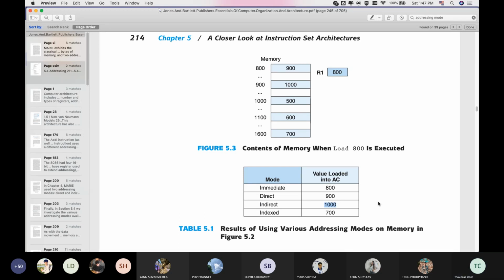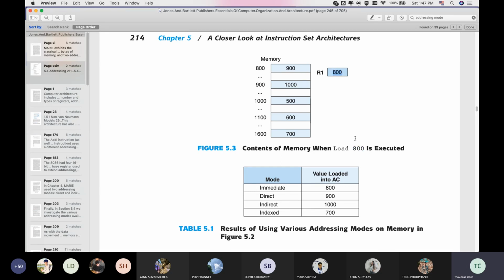Okay, and finally, if it is the index addressing mode, it means that to get the effective address, you need to use this 800 in addition to the value of register R1.